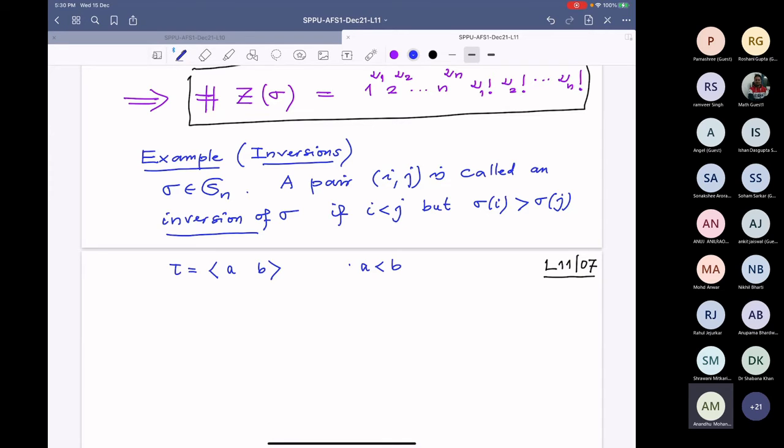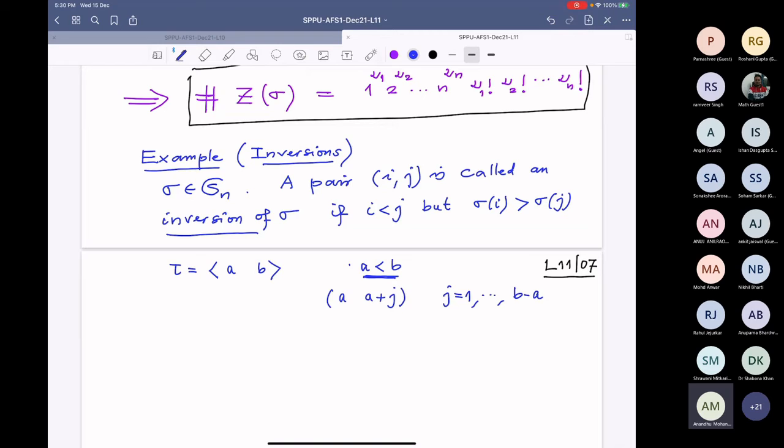What are the inversions of this tau then? For example, if I take the pairs a, a plus j, where j is from 1 to b minus a, I can assume this without loss.